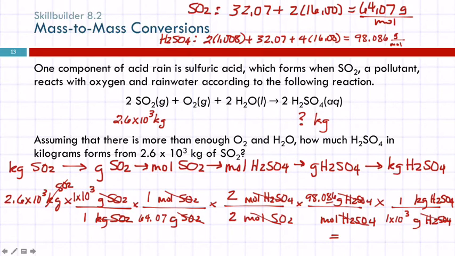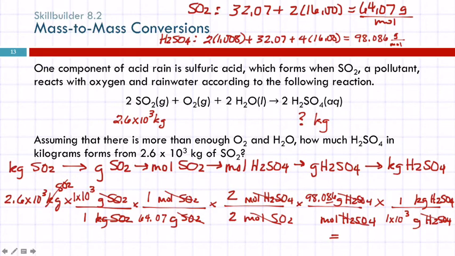So 2.6, and then on your calculator, use that EE button. And as you press the EE button, say times 10 to the, and then the 3. You don't need anything else in there. Times, and then this one you're going to enter as 1 EE3. I'm going to divide by 64.07.